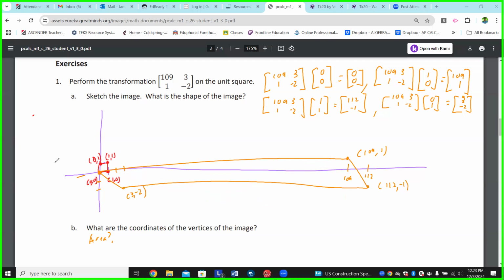All right, so base times height. So I just gotta figure out how long it is. No, it's 112. The height would be 3.